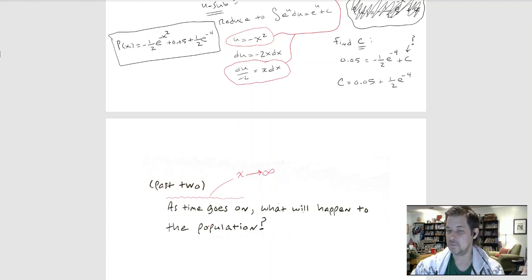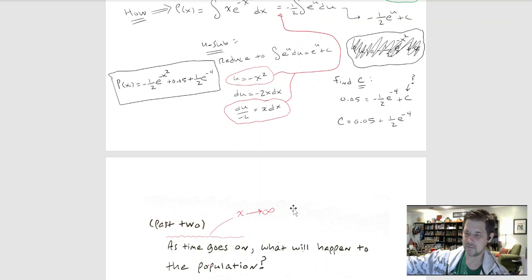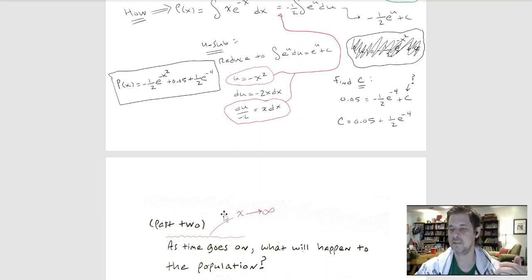What's going to happen, okay? So as x goes to infinity. It's not like we have some distant time in mind that's the end, but just as x goes to infinity means as time goes on, as the years progress further and further indefinitely, okay?